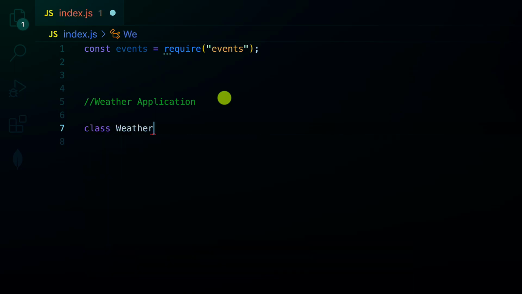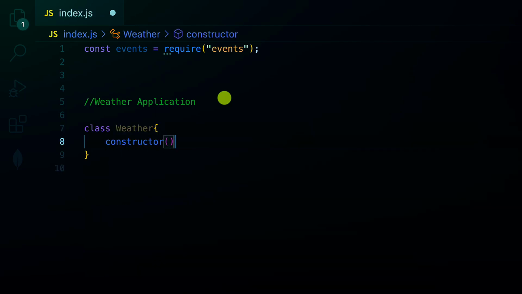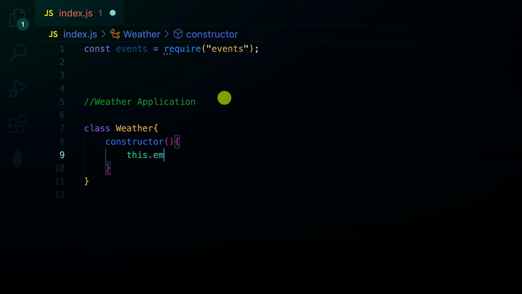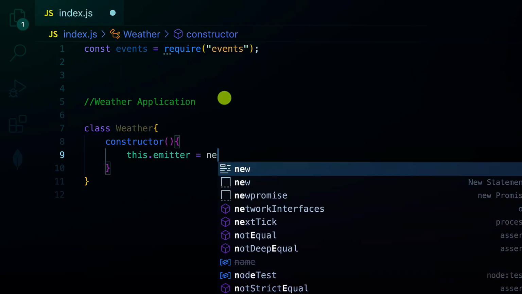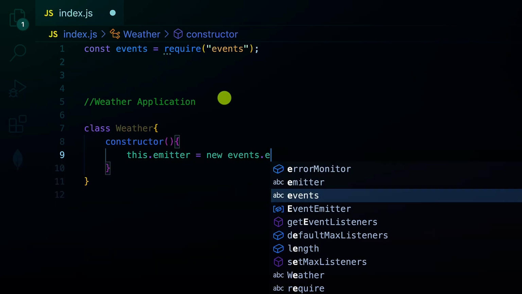And let's get started. Well, we are going to make use of class in JavaScript, and it goes like this. Class, and I'll call it weather, and inside I'll bring in my constructor function, and here we go. Over here, we are going to make use of this.emitter is equal to new event.EventEmitter.